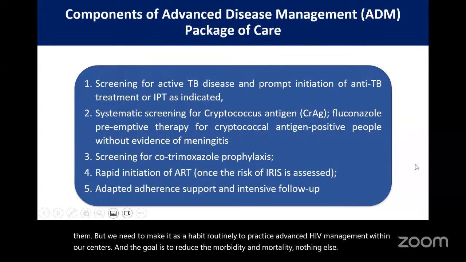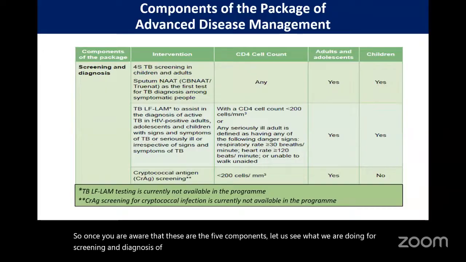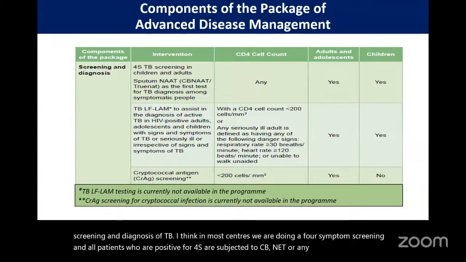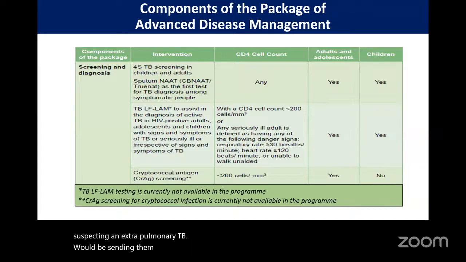So once you are aware that these are the five components, let us see what we are doing for screening and diagnosis of TB. I think in most centers, we are doing a 4-symptom screening, and all patients who are positive for 4S are subjected to CBNAAT or any other investigations whatever warranted, or you send them for a radiological examination, or if you're suspecting an extrapulmonary TB, you would be sending them for an excision or taking an FNAC.